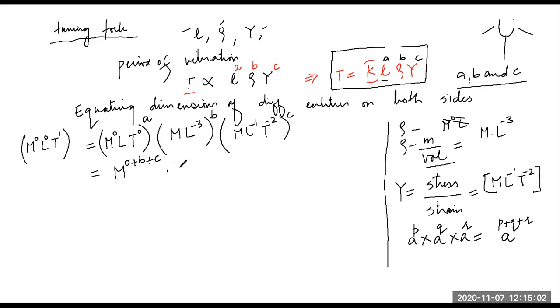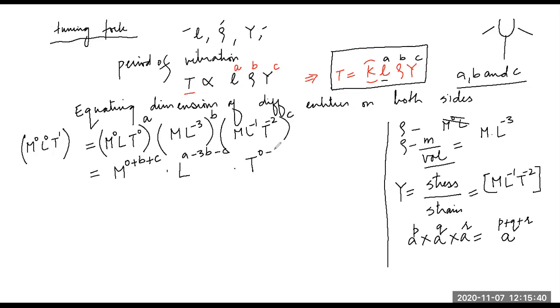Ishma, can you say what is the dimension of L? a minus 3b minus c. Perfect. And Arjinder, please tell the dimension of T. a multiplied by 0 will be 0, here there is no T, and there is no b here.